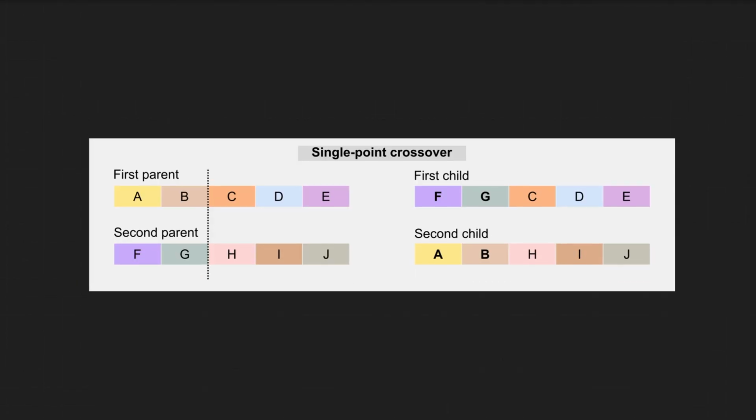Another mechanism is called crossover. In crossover, now we need 2 parents. So crossover requires more than one individual. What we do, we randomly pick a slicing point, and then we are going to take, let's say, the first portion of the first parent, and we're going to assign it to the first portion of the second child.